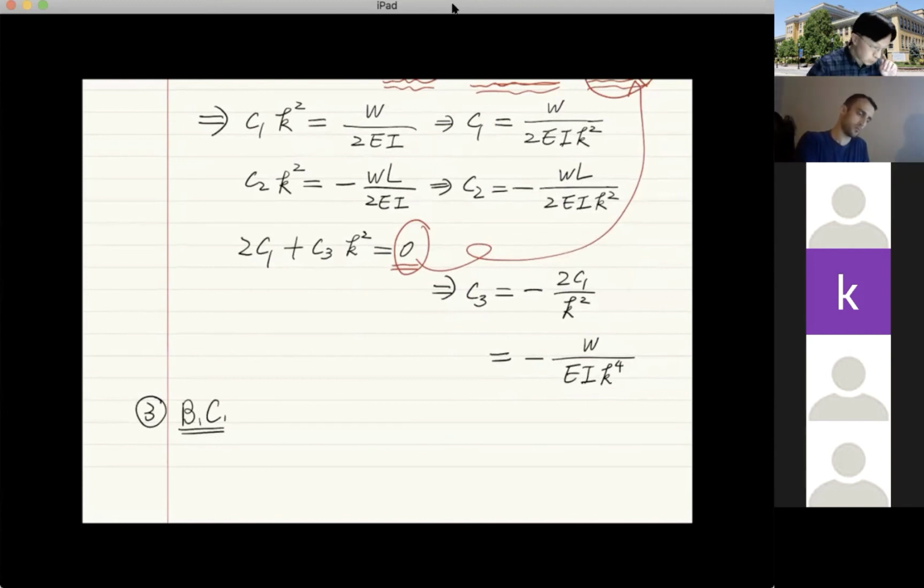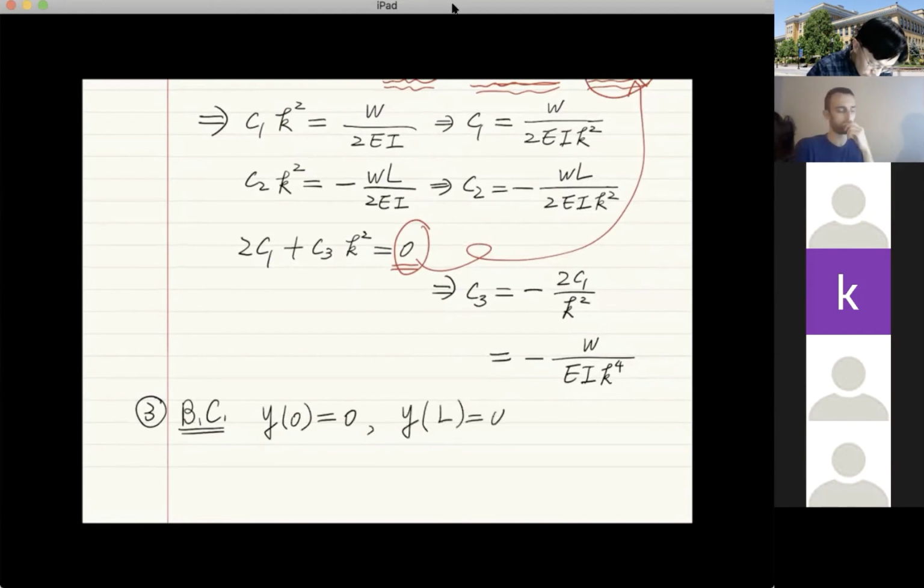At the support A, which is a hinge support, we know that there's no deflection. That's written as y of 0 is 0, right? We also know that there's no deflection at the other end, which is support 2. That means y at x equals L must also be 0. Because this is symmetric loading, we also know that at the midspan the slope must be 0.